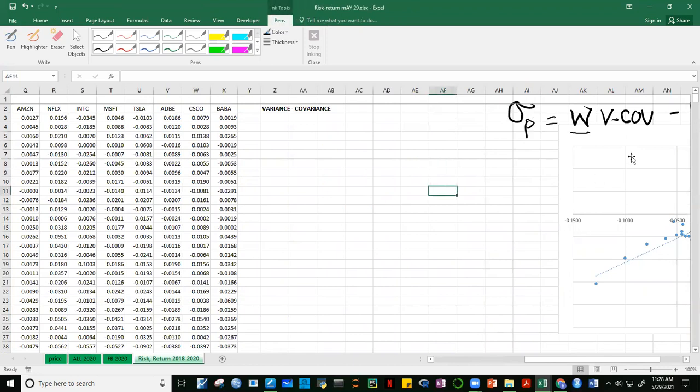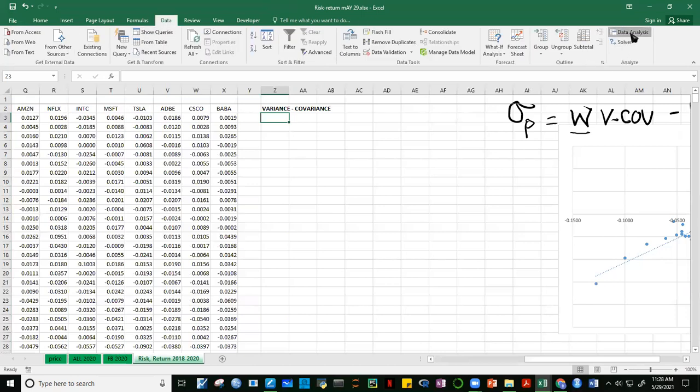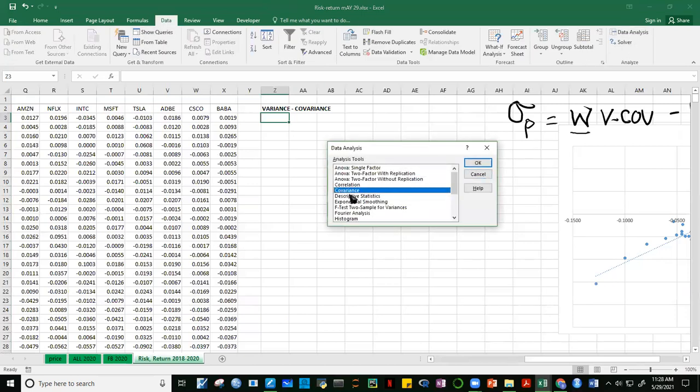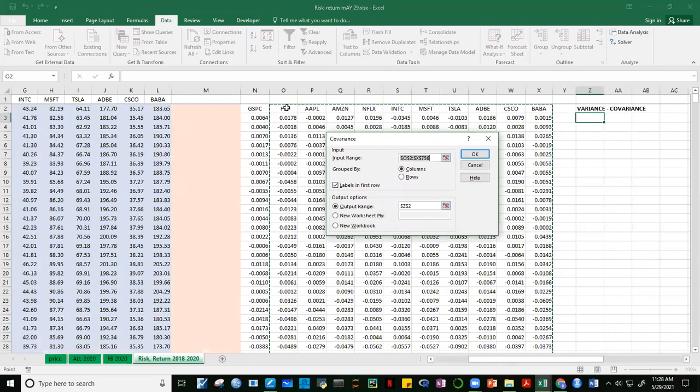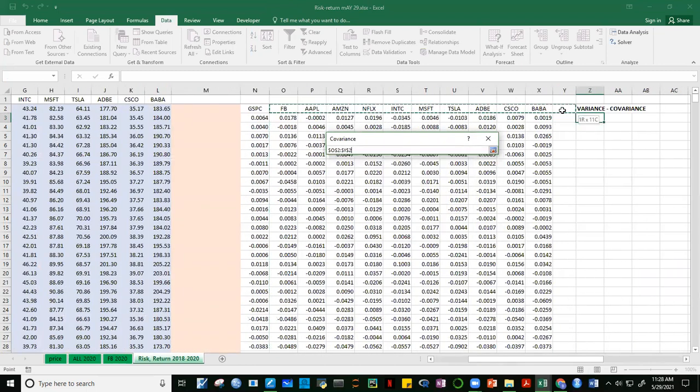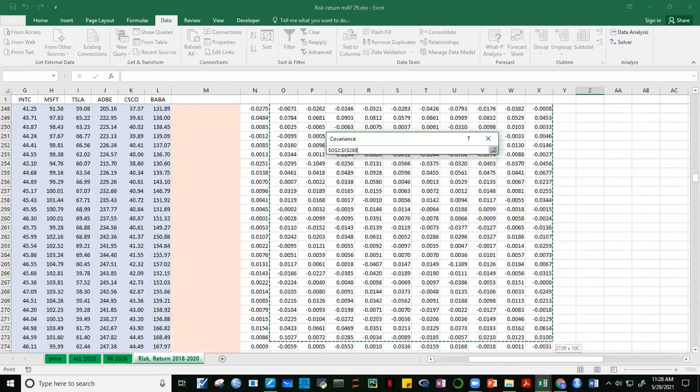So how do we compute for the variance covariance? So madali lang yan sa Excel. We go to data, okay, data analysis, and then covariance. Yan, okay. And then sabi natin, ano daw yung input range? So yung input range natin, ito, no? From Facebook hanggang Alibaba, hanggang dulo.